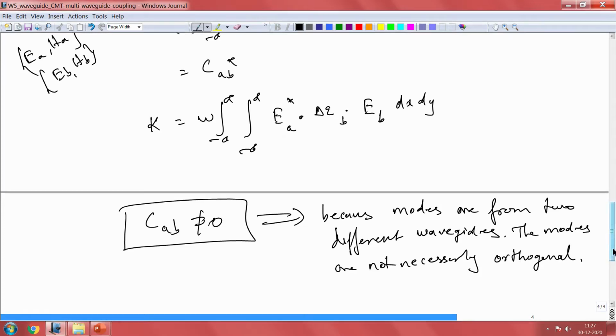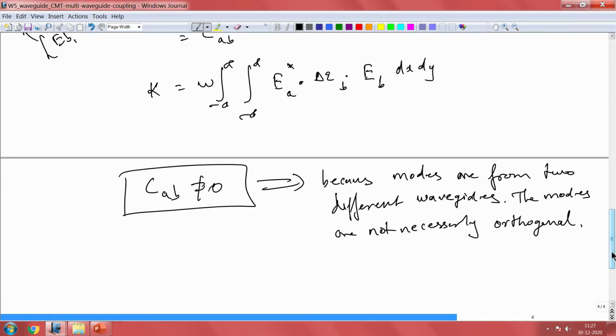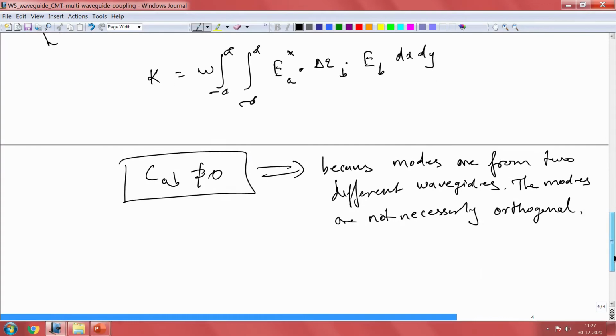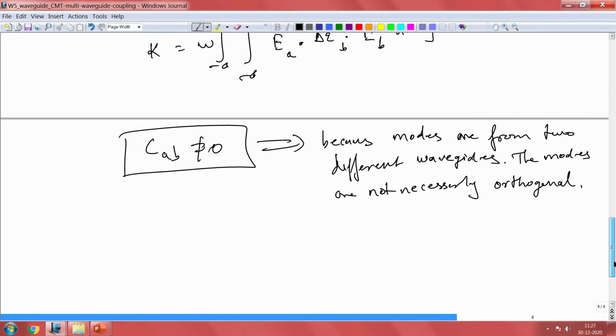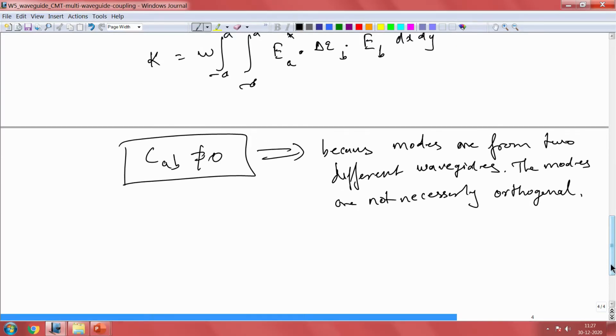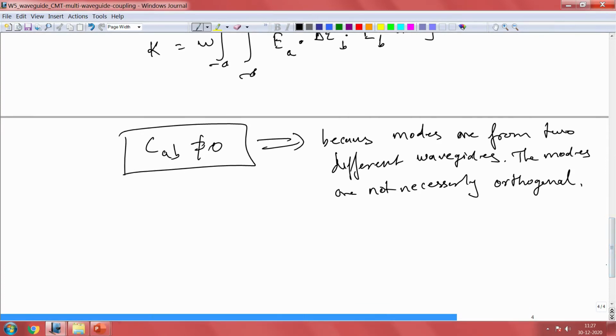This is an important statement to keep in mind: if you have two different waveguides, it is not necessary that the modes you have are orthogonal. In some cases you will have identical waveguides. You may have two identical waveguides coming close to each other, and there you may have orthogonal solutions between these two. So, that is a special condition.